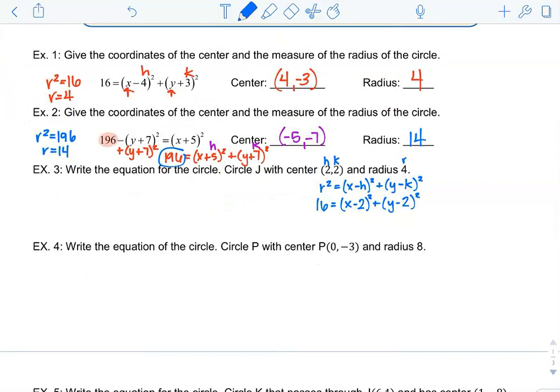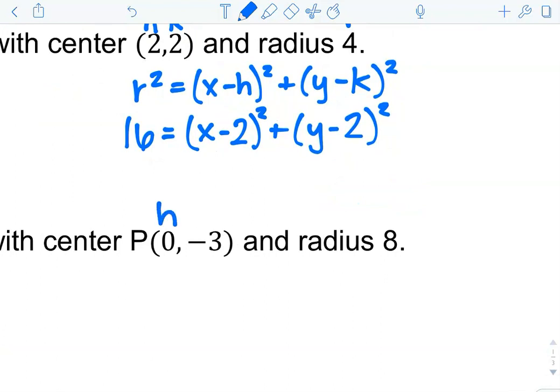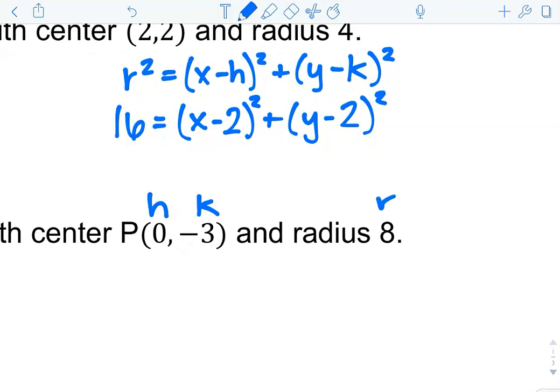Write the equation of the circle P, with center 0, -3, and radius 8. So similar as above, they give us the center h, k and the radius of 8. So I know it's equal to my radius squared, so 8 squared is 64, which equals x minus h, which is 0.